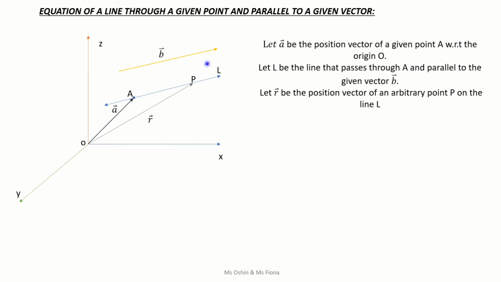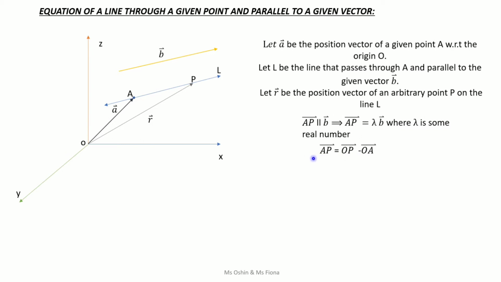And if vector A and vector B are collinear, then A can be written as lambda times vector B. So here vector AP is parallel to vector B, so we can write AP vector is equal to lambda times B vector, where lambda is some real number. Now, we know that AP vector can be written as OP vector minus OA vector.